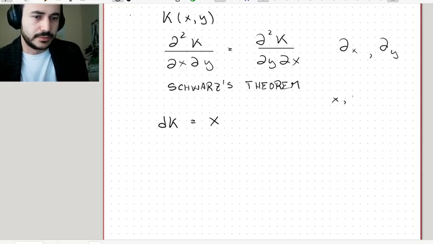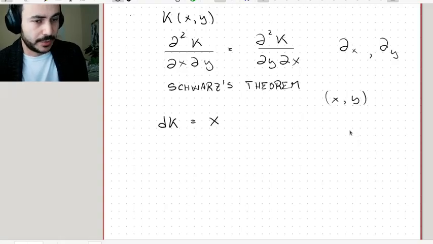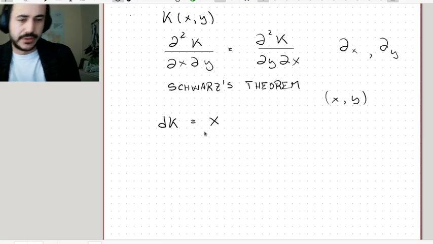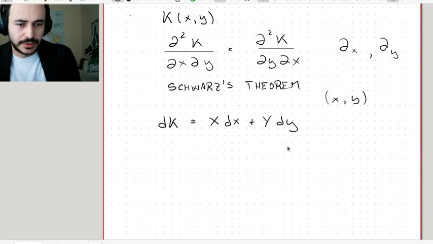So we know that in this case independent variables are x and y, but they could be something else. And we are always going to manage to write the differential as something times the differential of one independent variable, plus something else times the differential of the other independent variable. And if there were more independent variables, well, there you go.